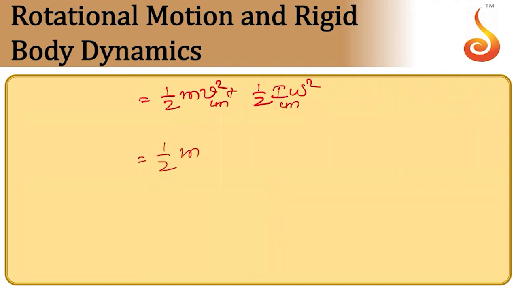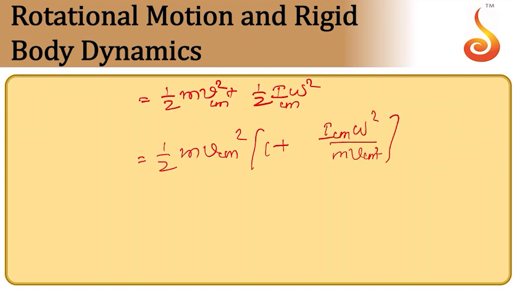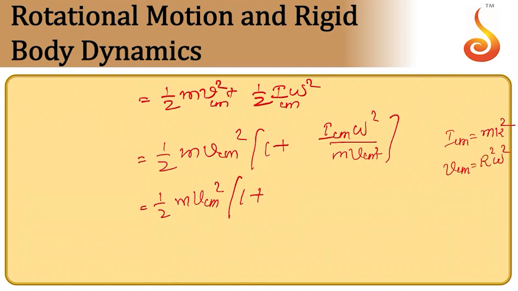Actually, half m vcm square into 1 plus I can write it as ICM into omega square divided by m vcm square. ICM can be written as mk square, correct, and vcm can be written as r square omega square.